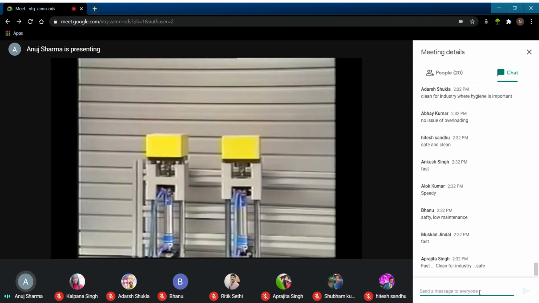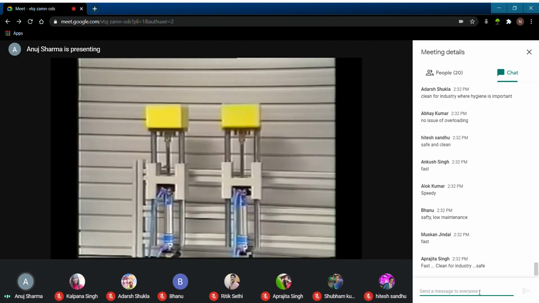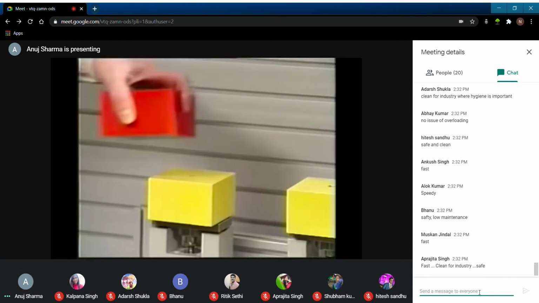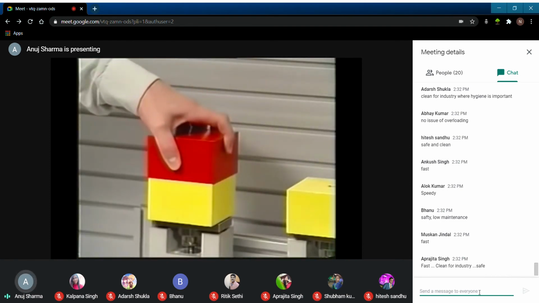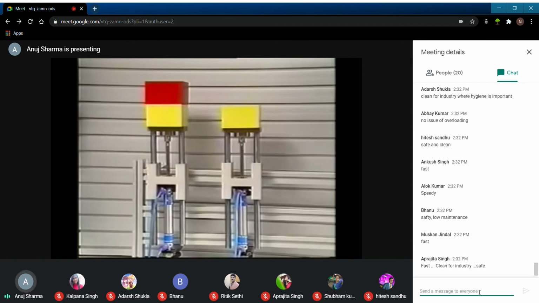In this example, with equal loads, both pistons extend at the same speed. If the load on the left is increased, the cylinder extends more slowly.